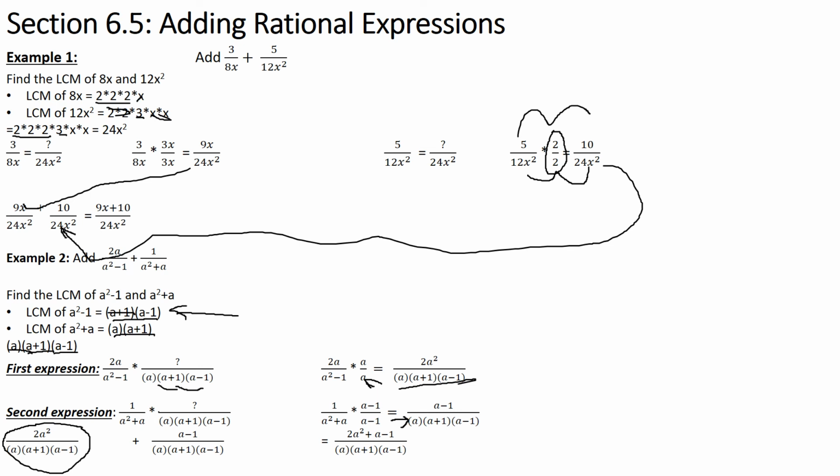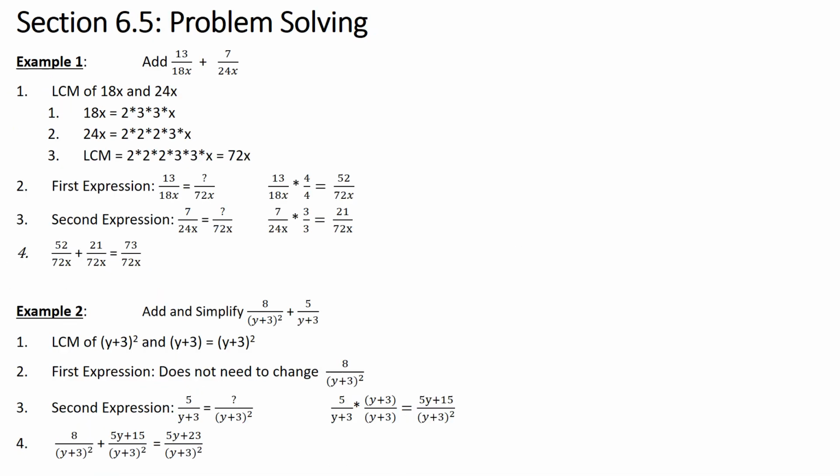And then I've got a minus 1 over 1, times a over 1 is a over 1. So my final answer is 2a squared over a times a plus 1 times a minus 1, plus a minus 1 over a times a plus 1, a minus 1. And this is the final expression. And there's nothing more we can do.